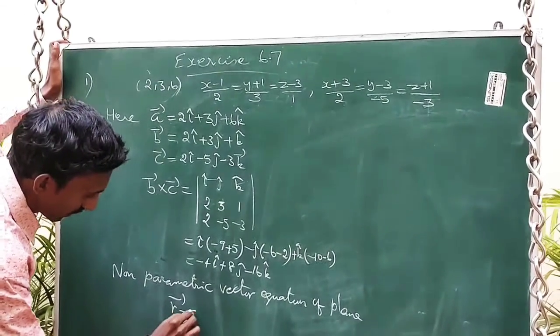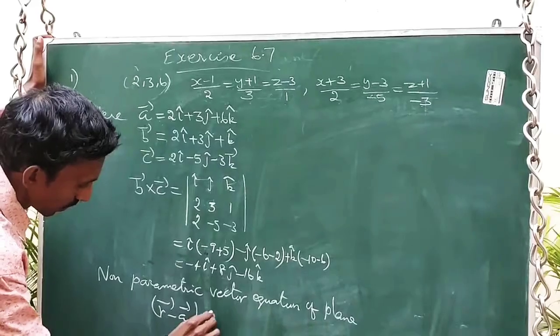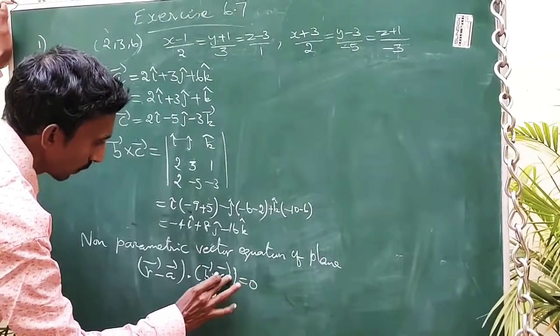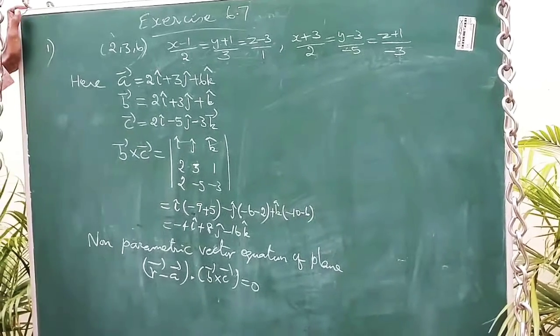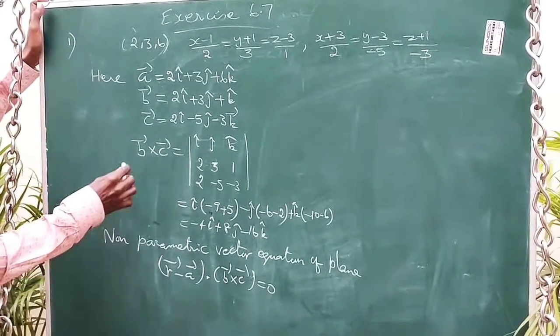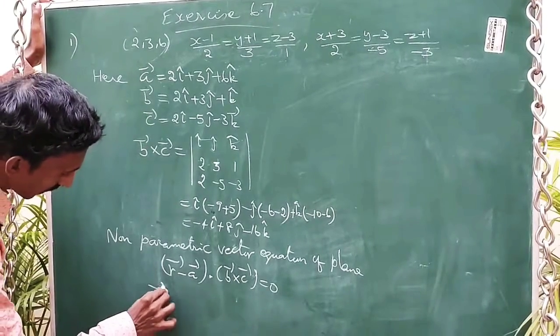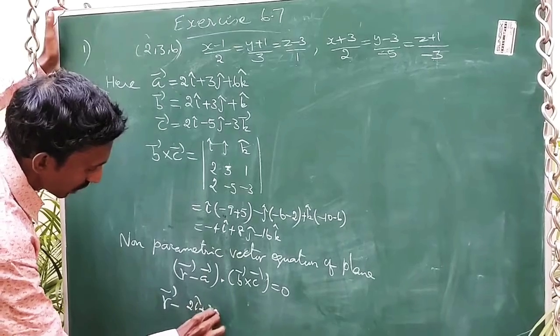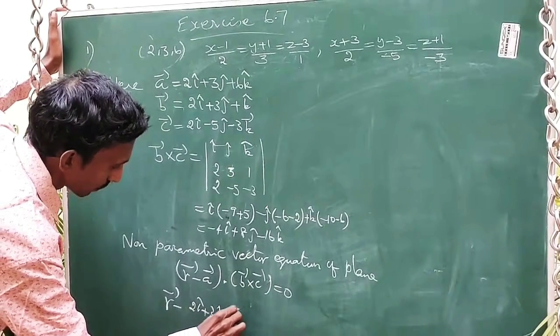R minus A dot B cross C equal to 0. So remember the formula: R minus A dot B cross C equal to 0. So R vector minus (2i plus 3j plus 6k).